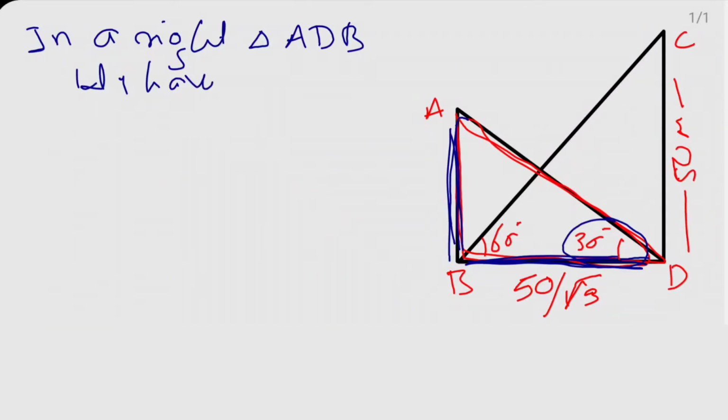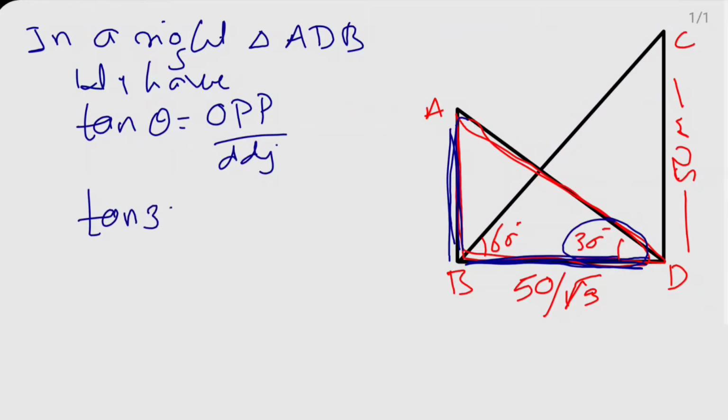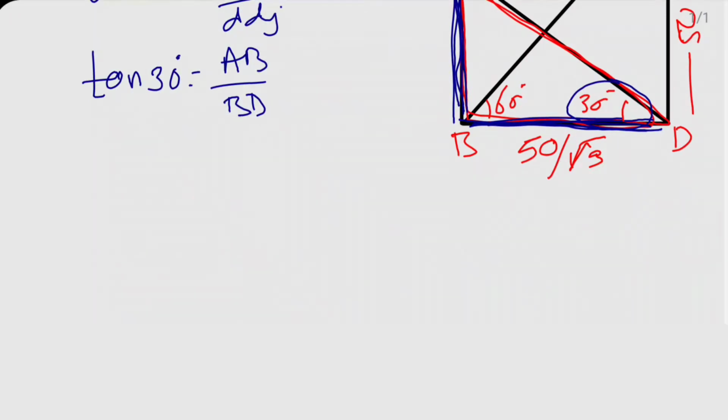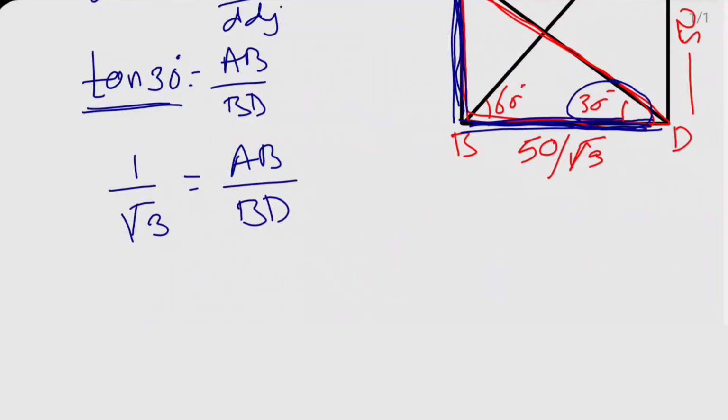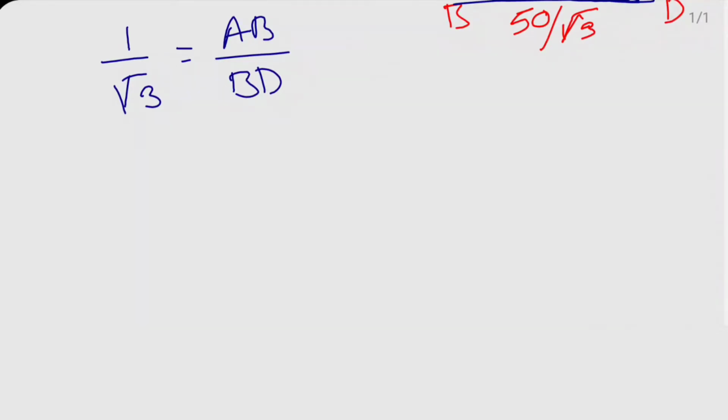We have tan theta equal to opposite by adjacent. Tan 30 equal to opposite, which is AB, divided by adjacent, which is BD. So now here, we know that the value of tan 30 is 1 by root 3, equal to AB, we don't know, keep as it is, divided by BD as it is. And now BD comes to the LHS, it becomes a multiplication.